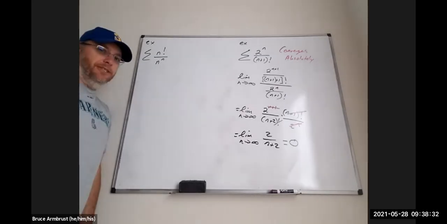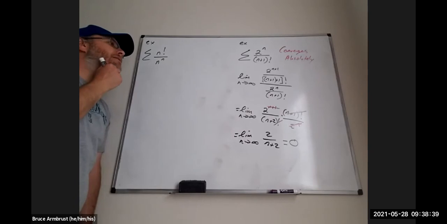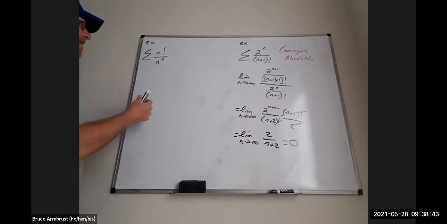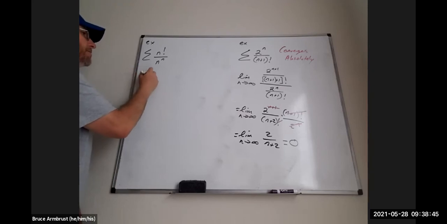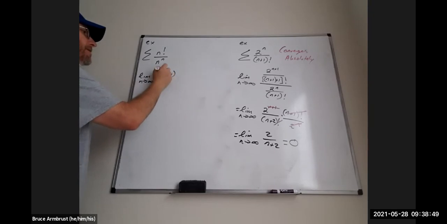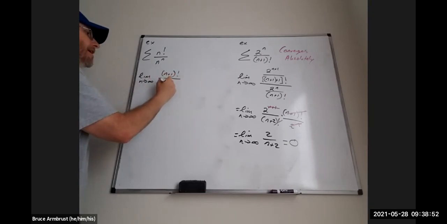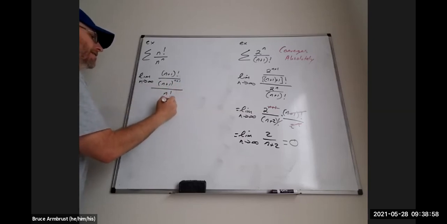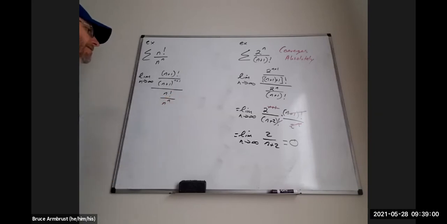So same question. Does this thing converge or does it diverge? Well, let's use the ratio test. So we'll do the limit as n goes to infinity of (n plus 1) factorial over (n plus 1) to the n plus 1, divided by n factorial over n to the n.